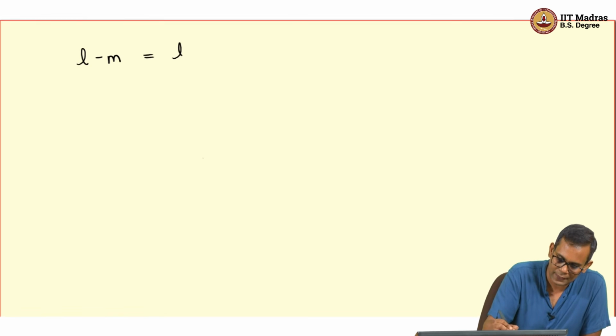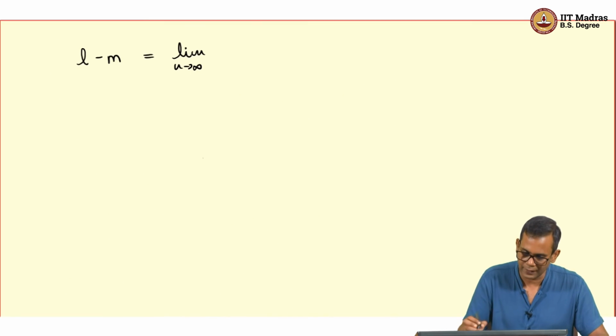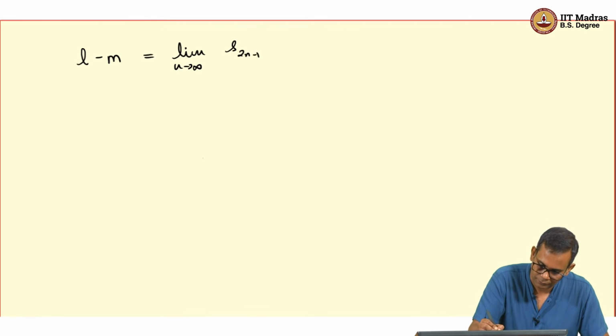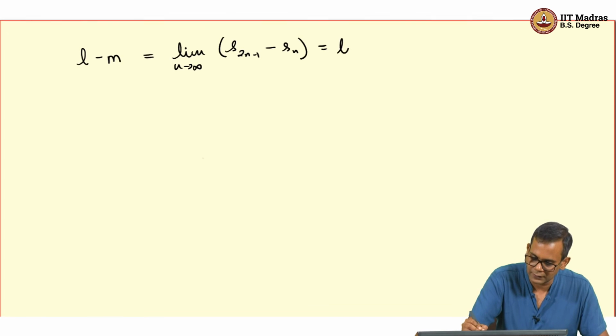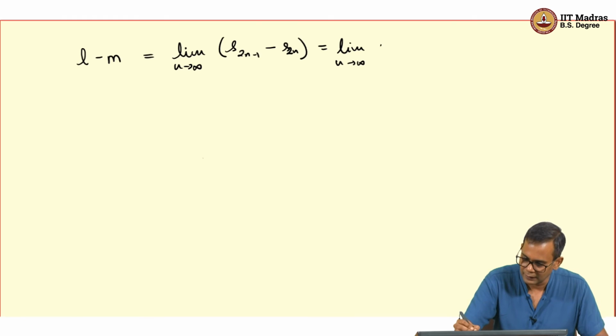Well, L minus M is the limit as n tends to infinity of S_{2n+1} minus S_{2n}, which is the limit as n tends to infinity of A_{2n+1}, which is 0.